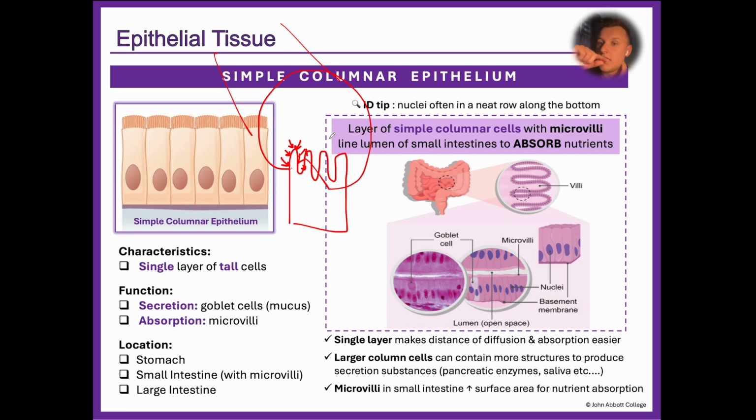Do you see how when you increase the amount of plasma membrane, there's actually more of a region where food could be brought into the cell? So cells that absorb things into the body, right?